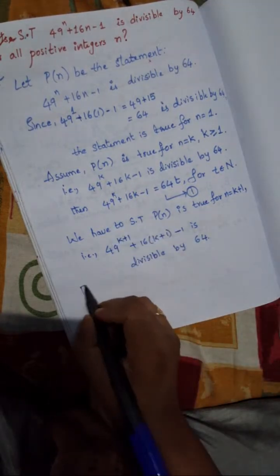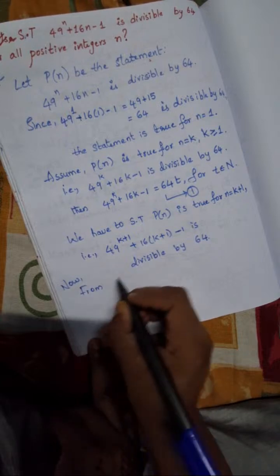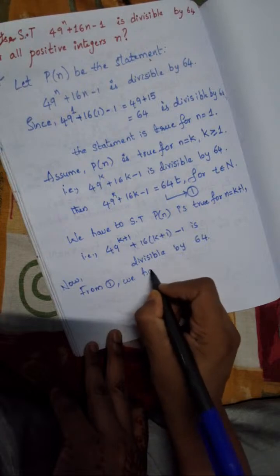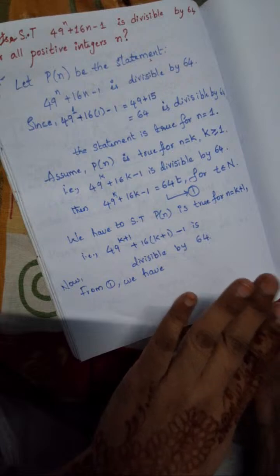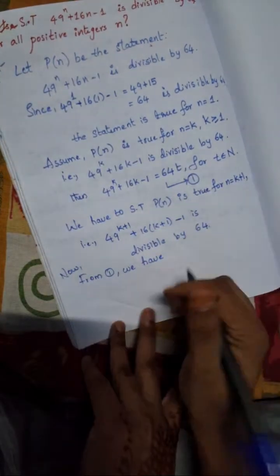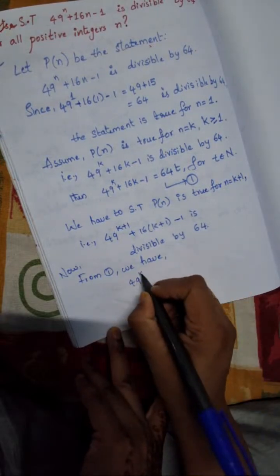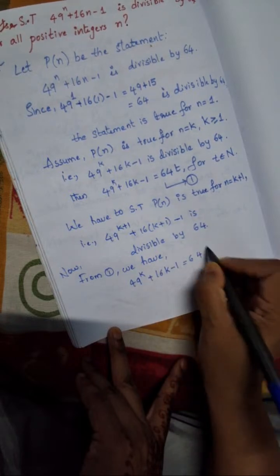So from 1, we have to show this one. We always take the same steps, whatever the question is, children. In the previous problem also I did the same steps. So see here, we have 49 power k plus 16k minus 1 equal to 64t.